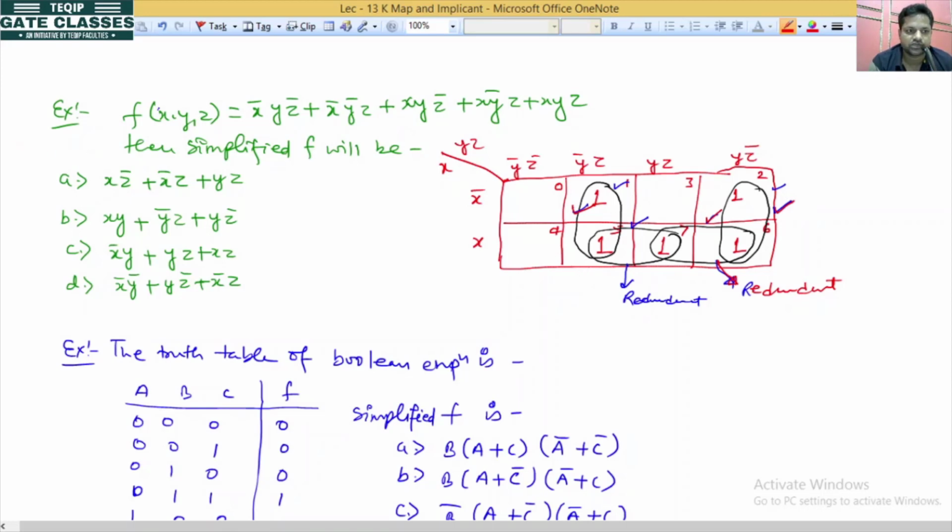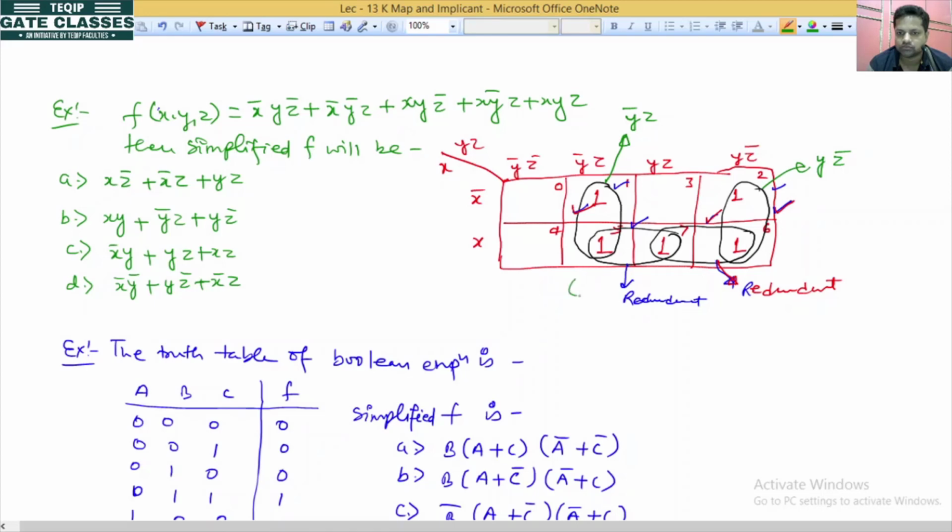Okay, so I am going to write. For this group, nothing is common in rows; from the column we have y bar z. Again for this pair nothing is common in rows, so go for the columns.